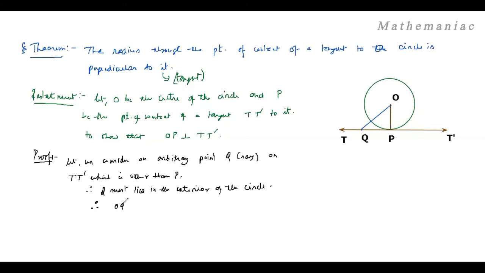Therefore, OQ must be greater than OP. So you see what idea we have got earlier. I have shown you this in the previous slides. So this is what we did.